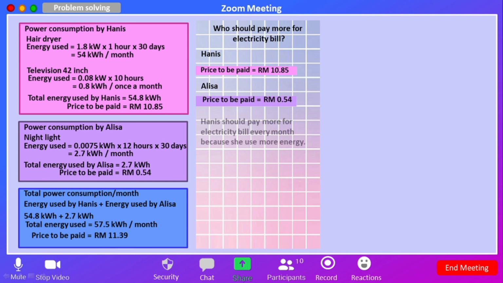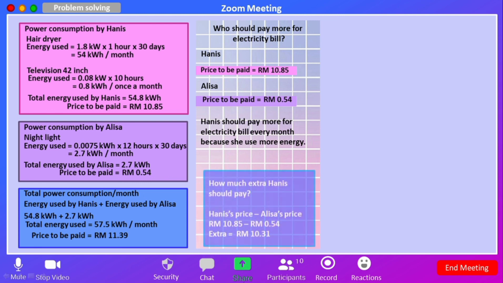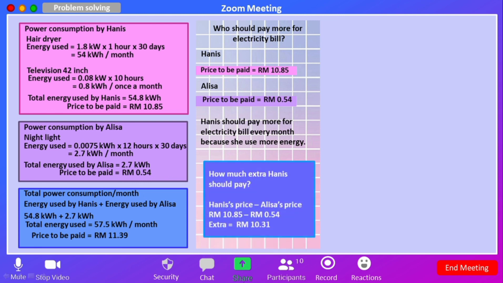From the calculation, we know that Hanis should pay more for the electricity bill every month because she used more energy than Alisa. Then, how much extra should Hanis pay for the electricity bill? So, we need to minus Hanis' price and Alisa's price, and the extra is 10 ringgit and 31 cent.